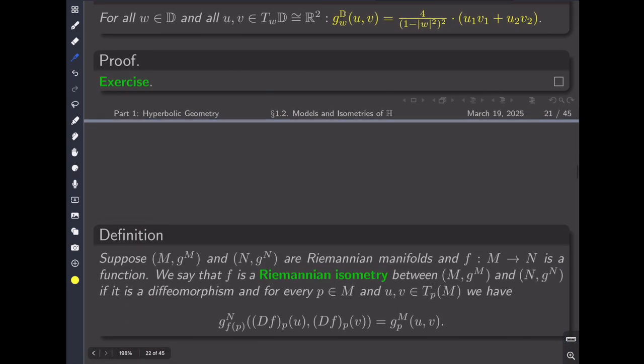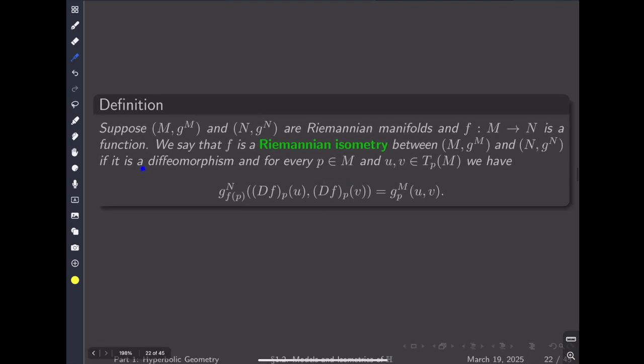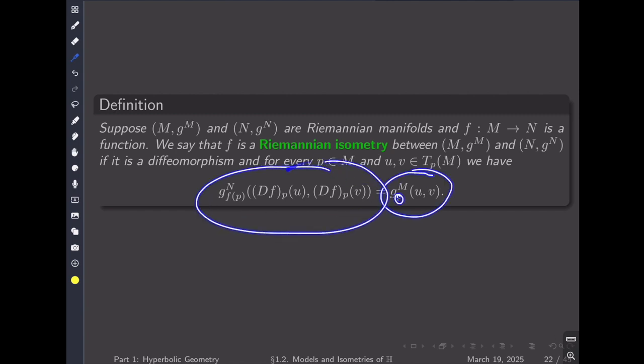Right. Okay. Definition of Riemannian isometry: it is a diffeomorphism, so a differentiable function of class C infinity that is bijective, and whose inverse is also a differentiable function of class C infinity, and with the property that measuring the dot product at a point in the domain is the same as measuring the dot product at the image of the point between the images of the tangent vectors.